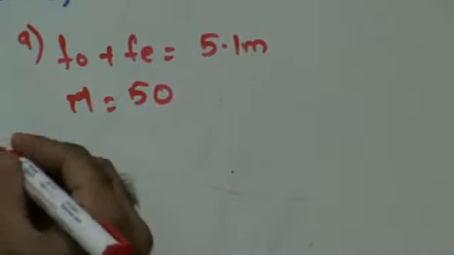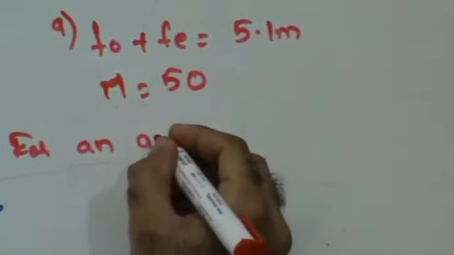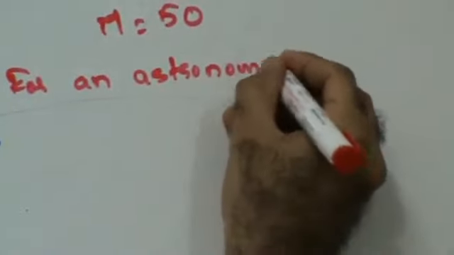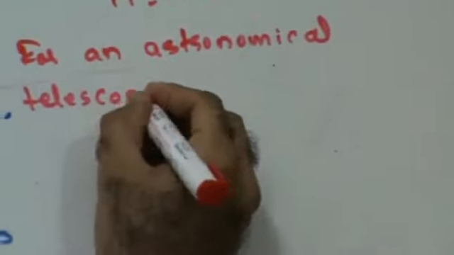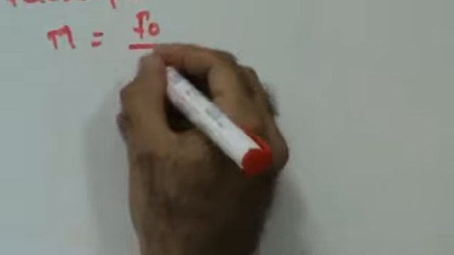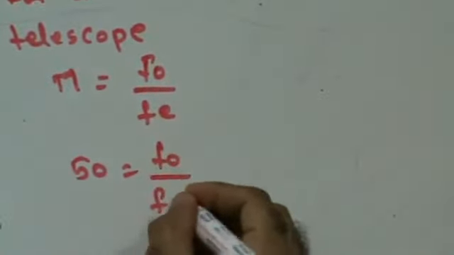Now, for an astronomical telescope, magnification is f0 upon fe. So 50 is f0 upon fe.